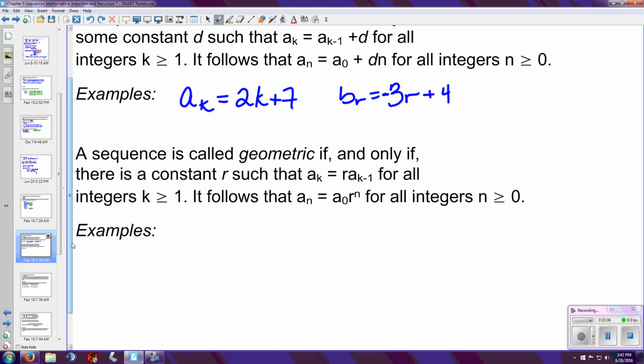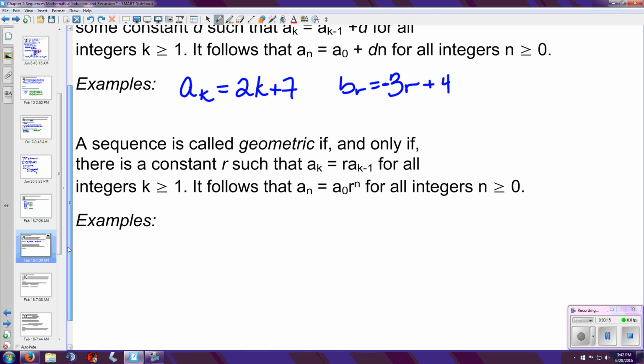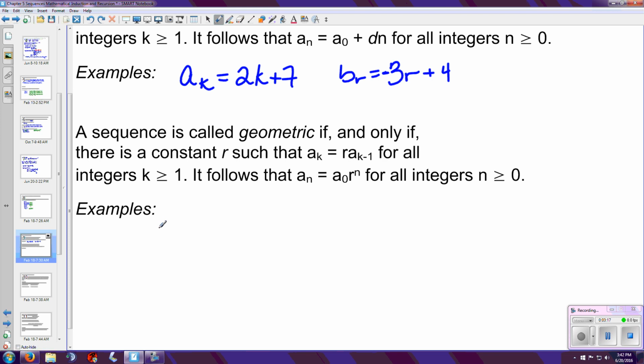Now let's see here. Geometric is if you have a constant multiplier. So geometric sequences are a little bit more exciting. We have some formulas that we can use to take the sum of geometric series, whether it's finite or infinite. One example, consider, let's say, 1, 1/2, 1/4, 1/8, 1/16, so on and so forth.